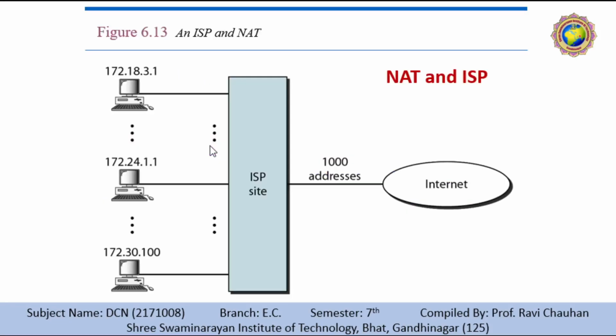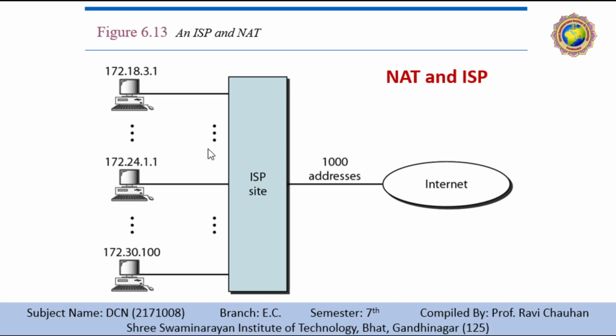So next is NAT and ISP. What is the relation between NAT and ISP? An ISP that serves dial-up customers can use a NAT technology to conserve addresses. For example, suppose an ISP is granted 1000 addresses but has 1 lakh customers. Each customer is assigned a private network address.